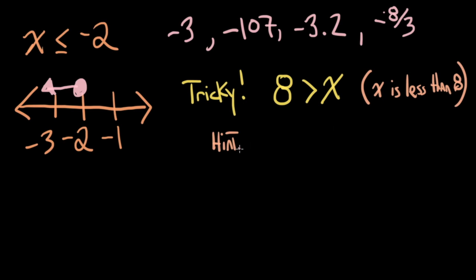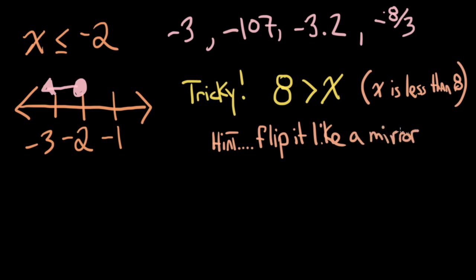So here's my hint. Once you get down to the final answer, and if your x is on the right-hand side, which is cool, you can just flip it like a mirror, if that helps you.